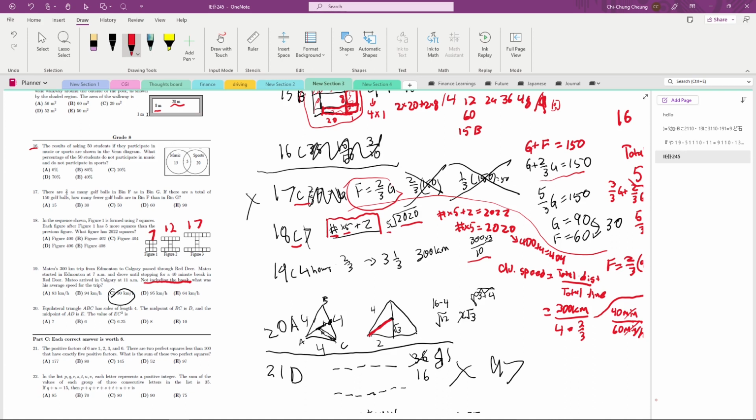Let's see. This is A. This is C and this is B, right?